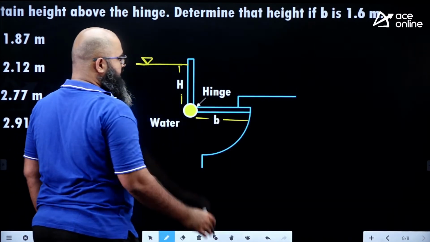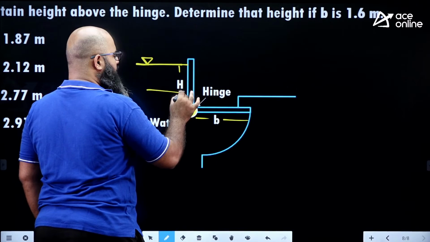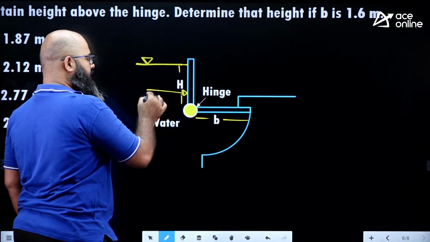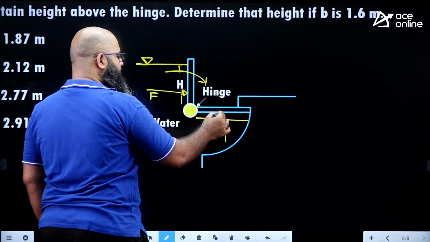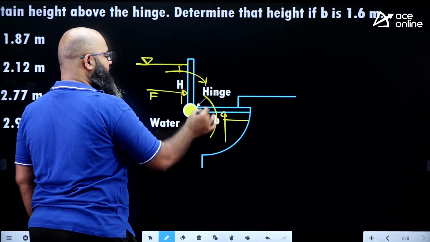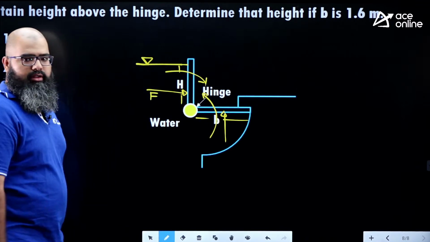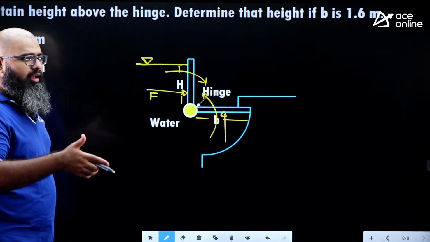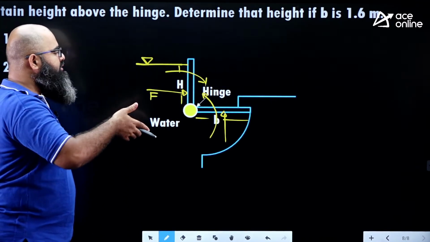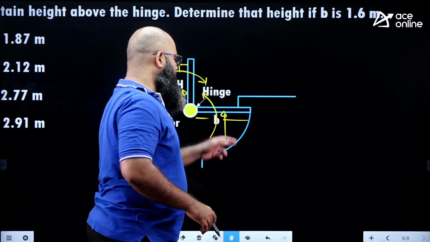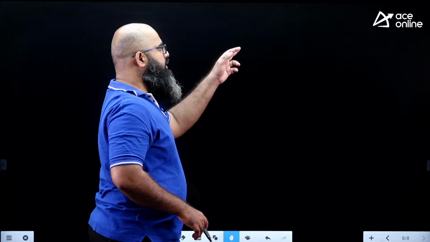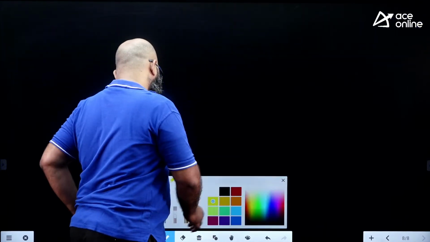You are realizing the force acting over here is creating a clockwise moment, and the hydrostatic force acting over here is creating an anti-clockwise moment. The gate will be just opening up at the moment the clockwise and anti-clockwise moments become equal. That is when the gate is about to open up.